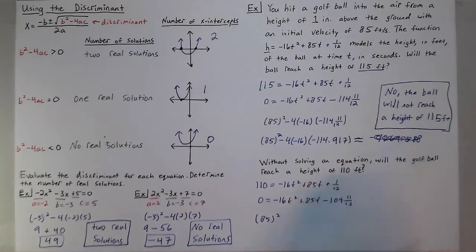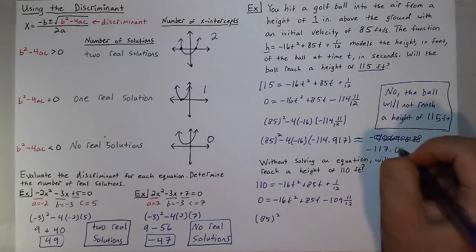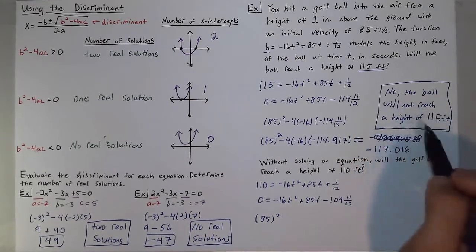Let's figure out what that number would be. So I get 85 squared minus 4 times negative 16 times negative 114.917. It's still negative, just much smaller. It's negative 117.016. Still negative, so no, the ball will not reach that height.